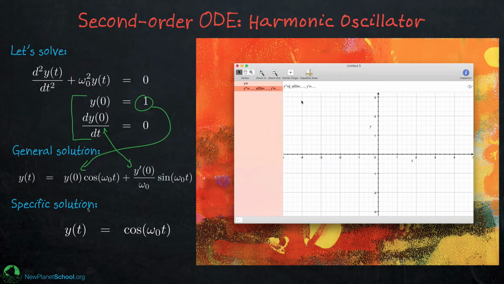For this example, I'm just going to set the omega naught equal to 1, but you could put some value in there if you want. Specify the initial value and the initial slope or derivative. And sure enough, we get a curve that looks a lot like cosine of t. But remember, we have to put an x here because everything we have is going to be y versus x. And there I just proved to you that it got the right solution.